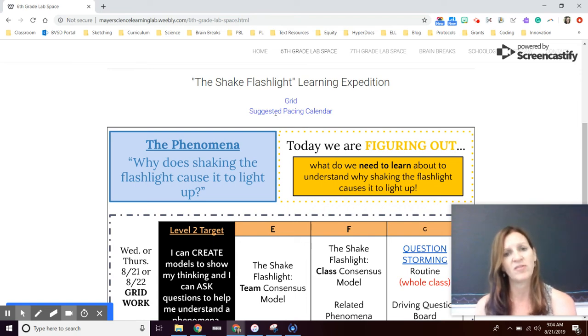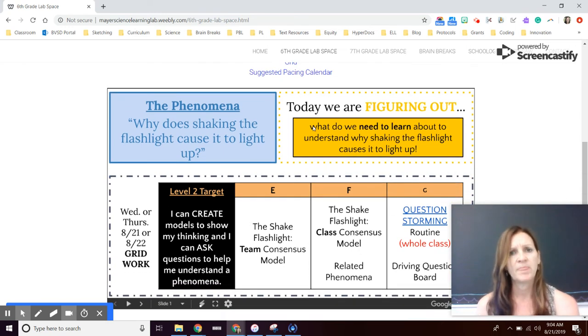I have a suggested pacing calendar, another tool to help kids understand where they should be at any given point in time, and to help them decide, hey, do I need to get a little extra help maybe outside of class time if I'm not keeping up with the pacing calendar.